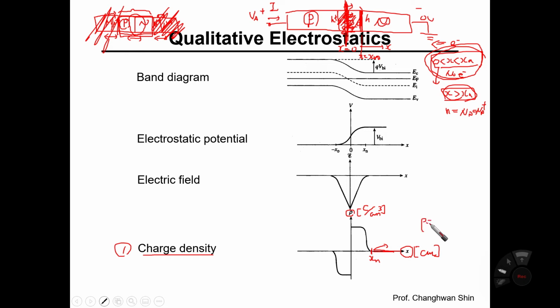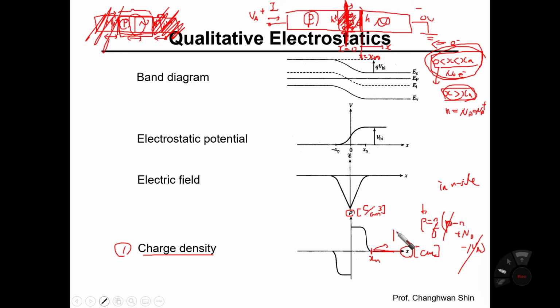Now, you remember this equation. Charge density rho can be written as Q, the unit charge, times p minus n plus Nd minus Na. But in the n side, p is negligible and acceptors are negligible, so it is minus n plus Nd.